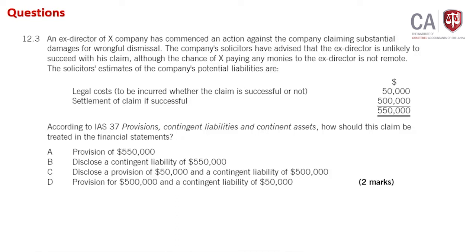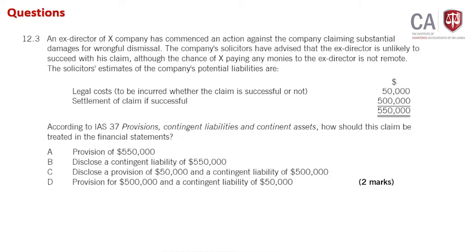Since there is no probable cash outflow, even though you measured it in a reliable way, no provision will be recognized. If you remember, there should be a present obligation, probable outflow, reliable estimate. Here the reliable estimate is there, the obligation also is there, but not probable, right? The question says unlikely to succeed in this case.